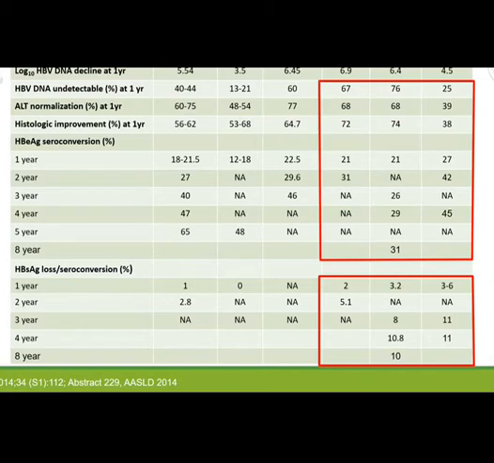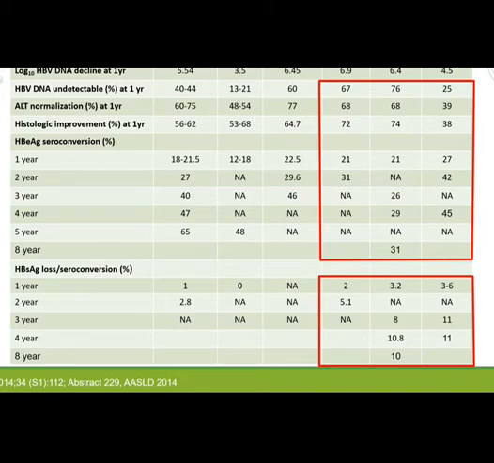ALT normalization after 1 year, again 68%, 68%, 39%. Histological improvement 72%, 74%. Hepatitis B seroconversion at 1 year, then after 2 years, 8 years, you can see tenofovir data. We don't have any studies for entecavir.